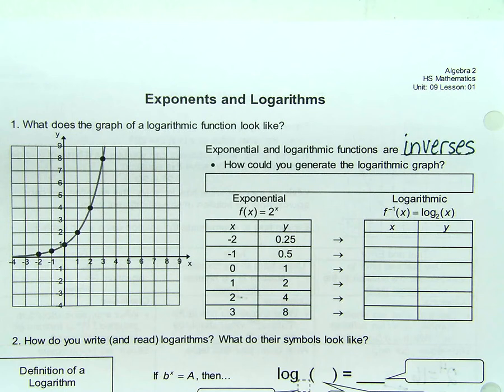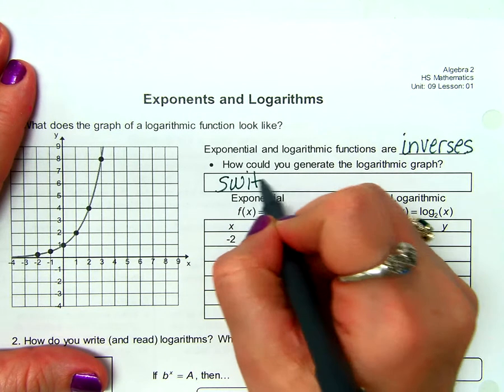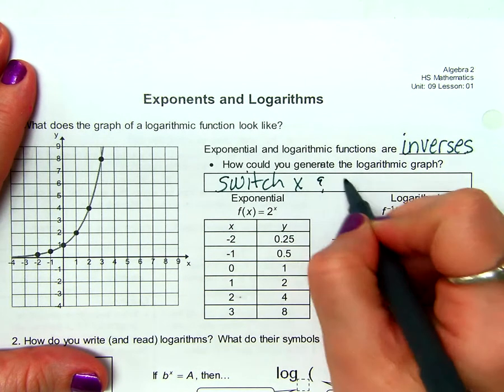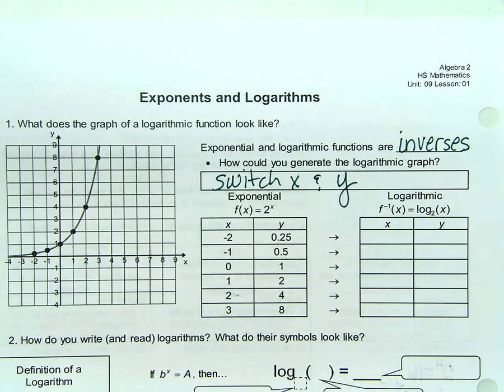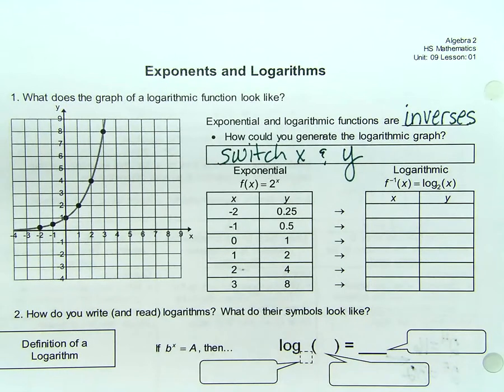How do you generate a logarithmic graph? How do you generate inverses? Switch x and y. So can we generate a logarithmic table if we have the exponential table? How?